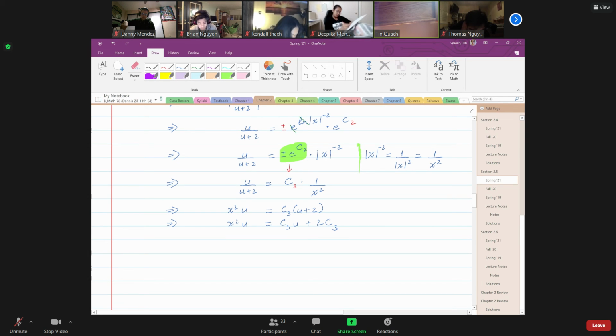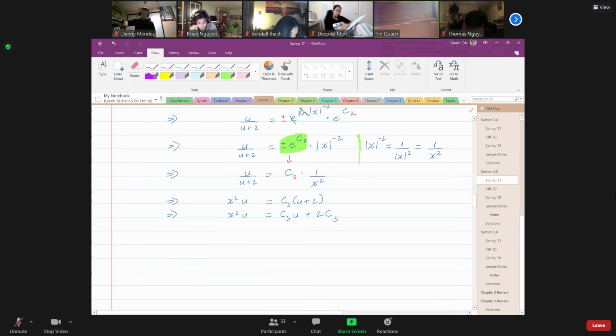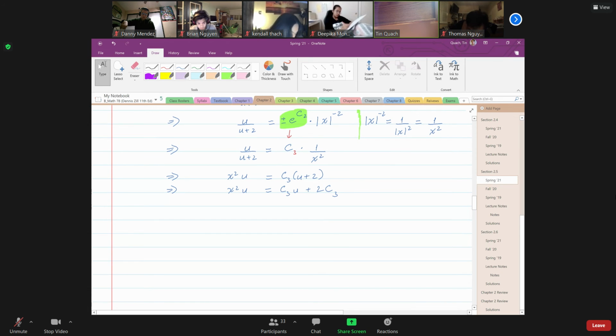Okay. And then you're going to move all the terms containing u to one side. So it's going to be x squared u minus c sub 3 u equals 2 c sub 3.